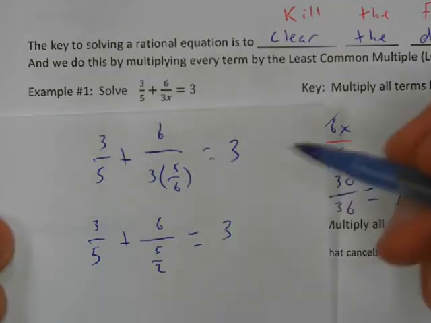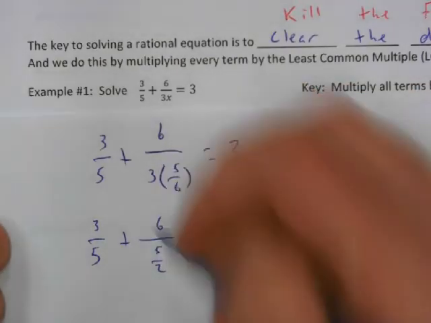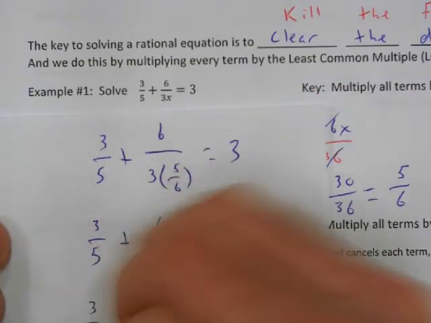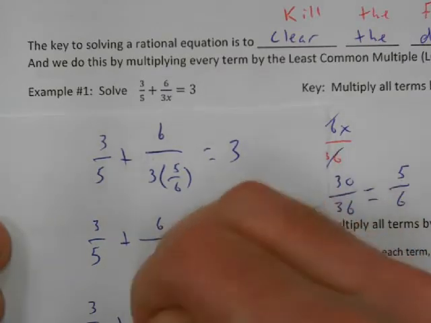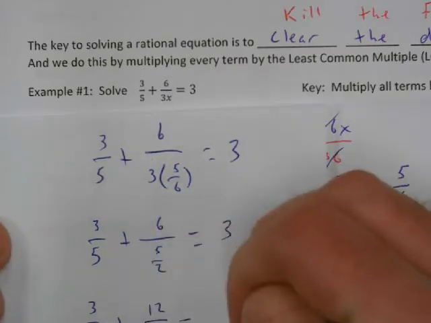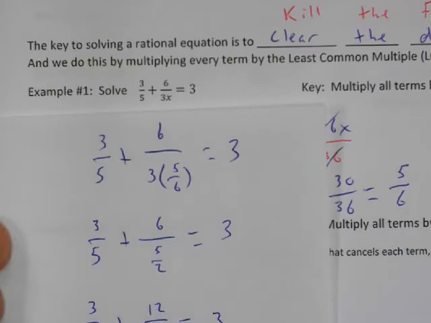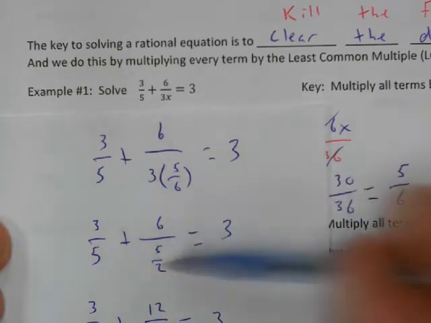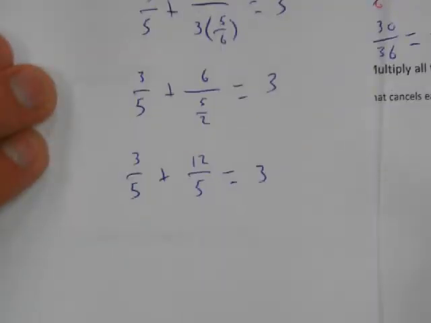If I multiply the top and bottom by 2, that's going to give me 3/5 plus 12 over 5 equals 3. That worked out nice because now I have a denominator of 5. So what I did there was multiply the top and bottom part of my fraction by 2, which we can do because 2 over 2 is 1. So really we just multiplied by 1.